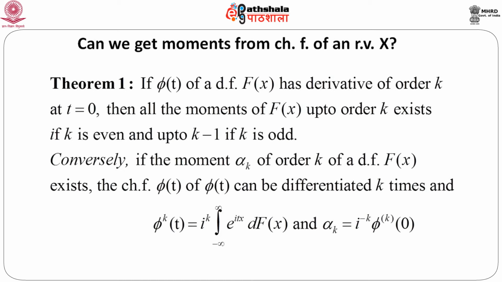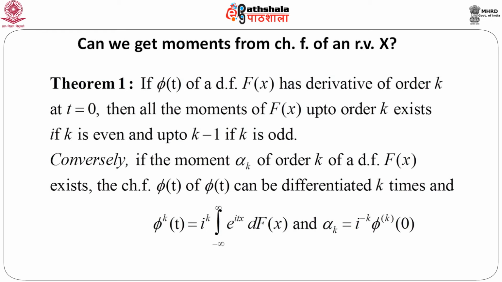Conversely, if the moment alpha k of order k of a distribution function F(x) exists, then the characteristic function phi(t) can be differentiated k times, and in fact the kth derivative of phi(t) is i to the power k integral from minus infinity to infinity of e to the power i t x dF(x), and alpha k, the kth order moment, is given as i to the power minus k times the kth derivative of phi at t equals 0.